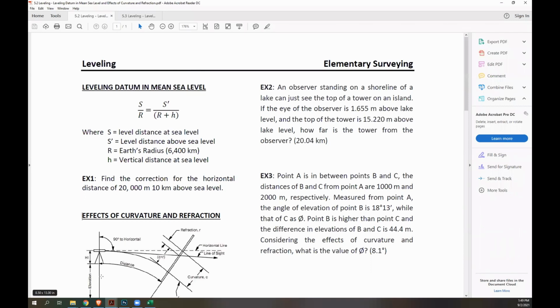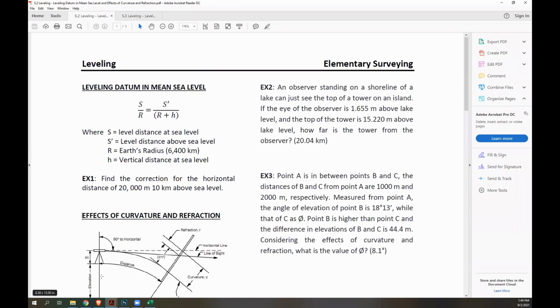Measured from point A, the angle of elevation of B is 18.13 degrees, or 18 degrees 13 minutes, while that of C is phi. Point B is higher than point C, and the difference in elevations of B and C is 44.4. Considering the effects of curvature and refraction, what is that phi?